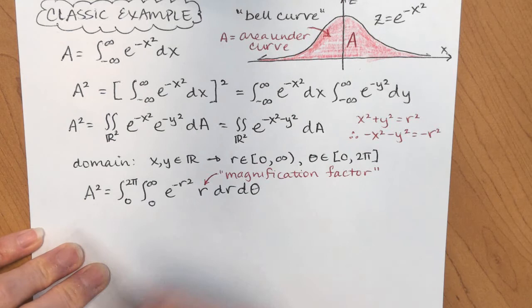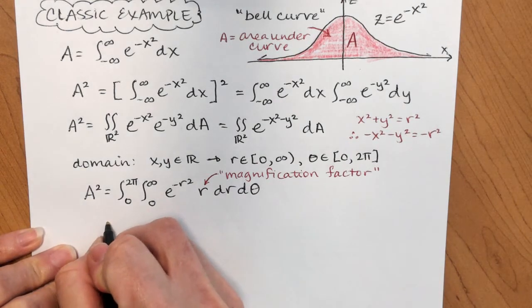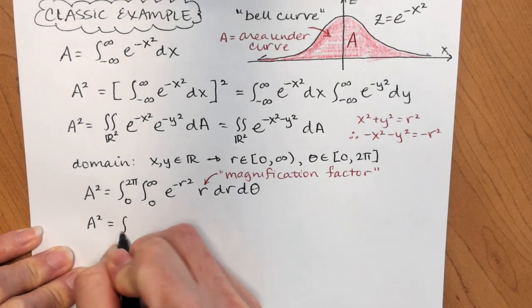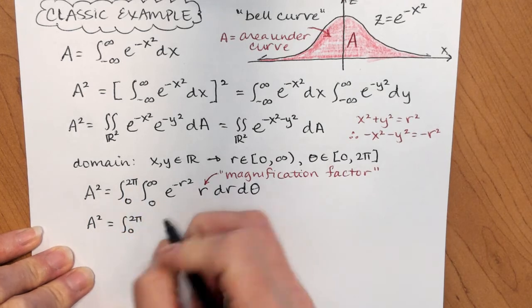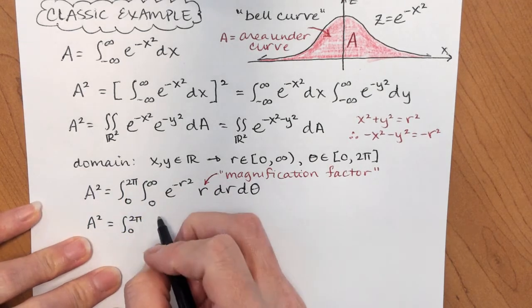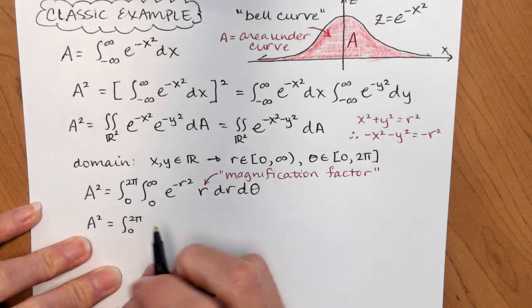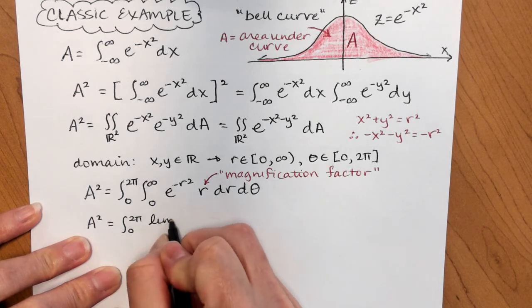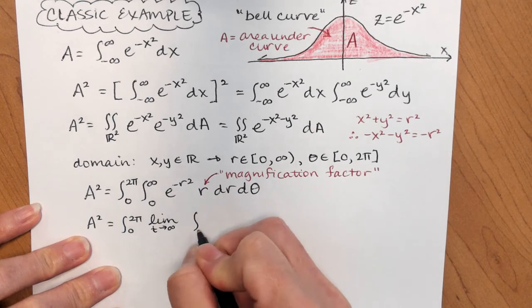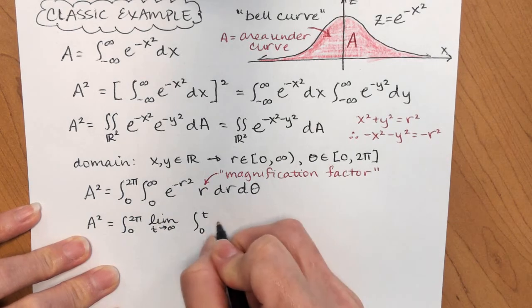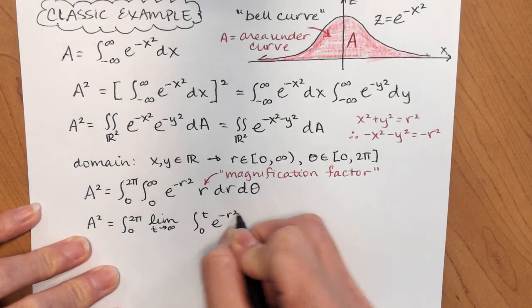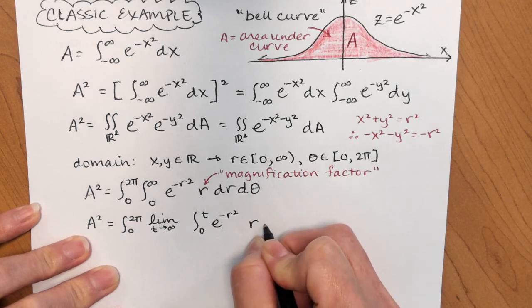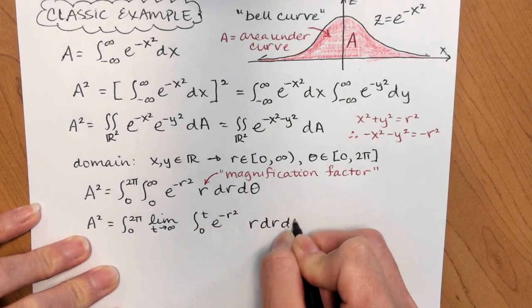So, this is going to be the integral from 0 to 2 pi of the, let's write this properly, this is going to be the limit as t approaches infinity of the integral from 0 to t of e to the negative r squared r dr d theta.